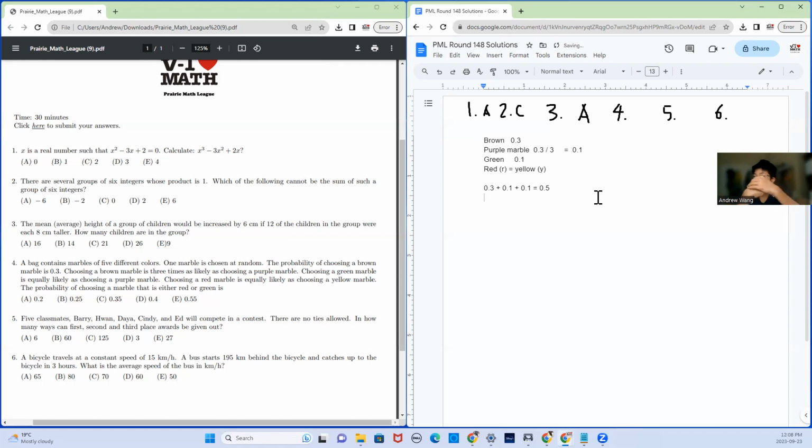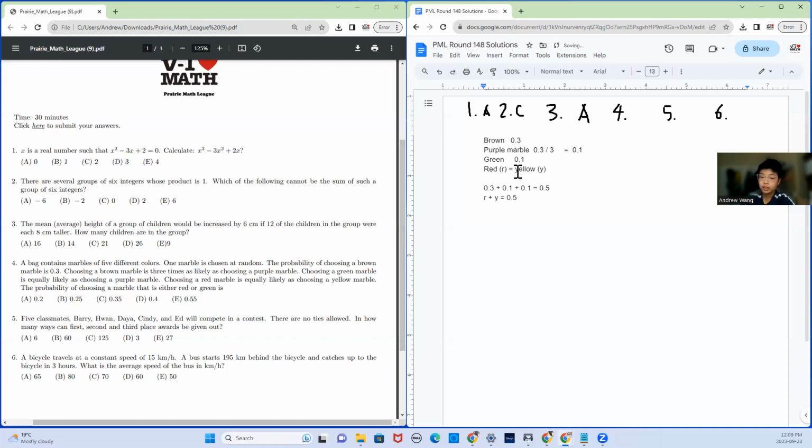That means there's a 0.5 probability of choosing the other colors, and the other colors are red and yellow. So red plus yellow probability will equal 0.5, since it's the other side of it.